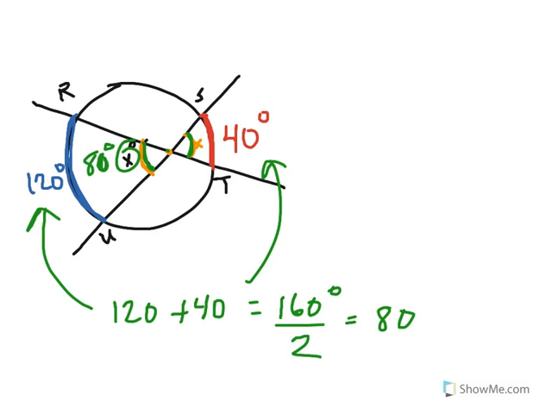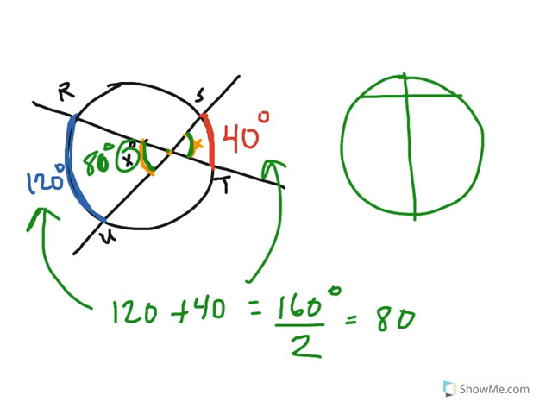Now, it doesn't always have to look like this one. Keep in mind, it could be something where I have a line that looks like this that does happen to go through the diameter, but then I get something like that way over there. Well, if I'm trying to find, for example, and I know it looks like 90 degrees, but we don't know for sure, let's say I'm trying to find that angle right there.